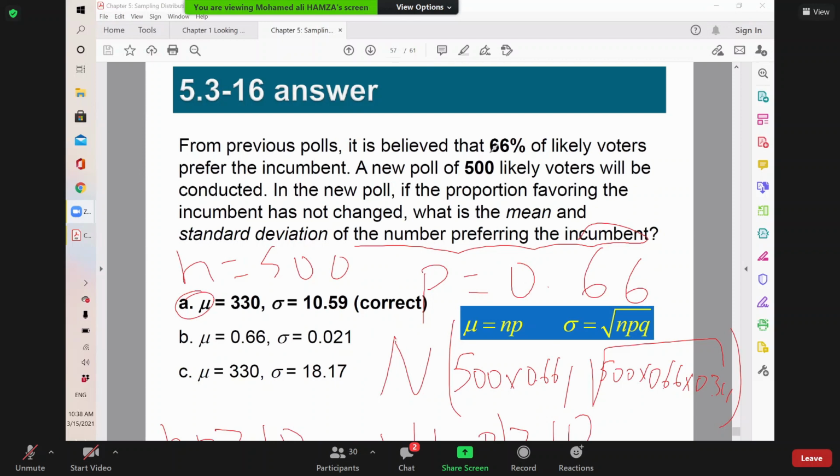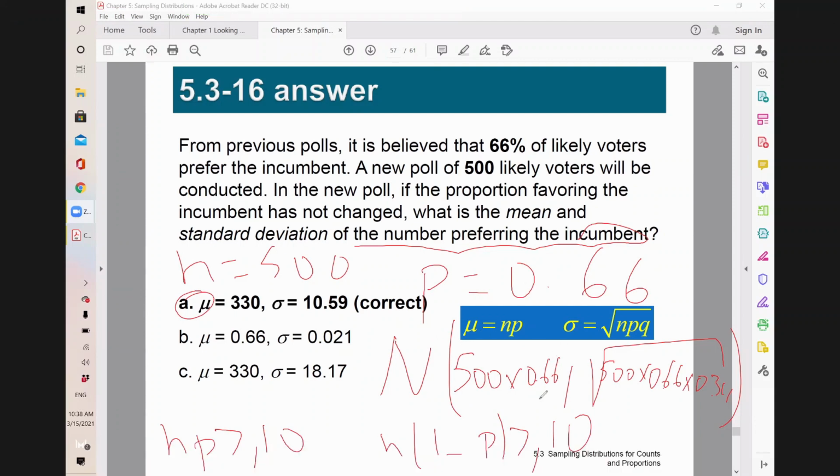Here the distribution is a normal distribution. Why? Because it's a binomial distribution first, but since n times p is more than 10 and n times 1 minus p is more than 10, we can approximate any binomial distribution by a normal distribution whose mean or expected value is 500 times 0.66, that means n times p, and whose standard deviation is root 500 times 0.66 times 0.34.